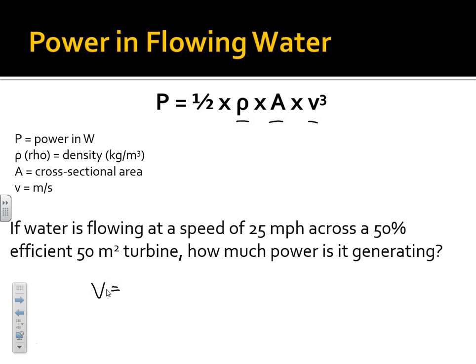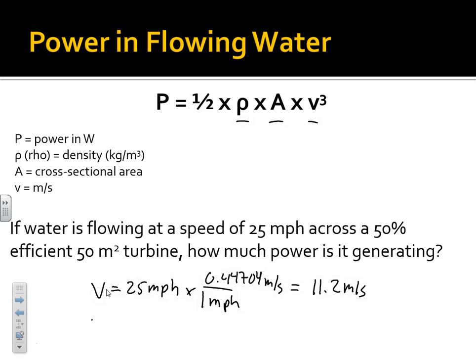Velocity is given as 25 miles per hour, and our factor, if you look it up, is that 1 mile per hour is equal to 0.444704 meters per second. If you calculate that out, we'll call it 11.2 meters per second. Okay, so that's our velocity.